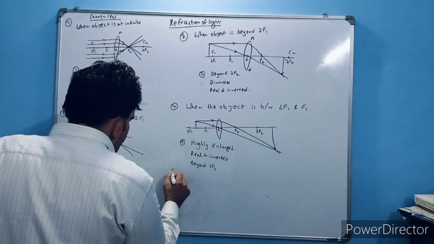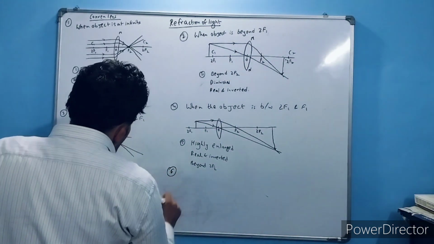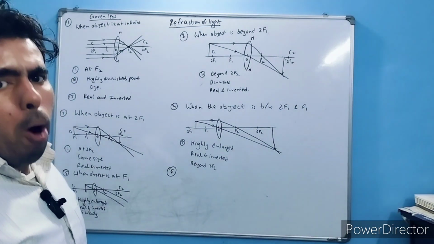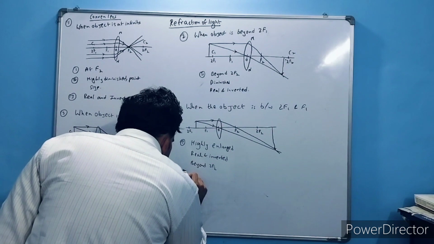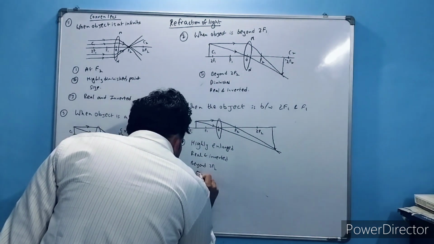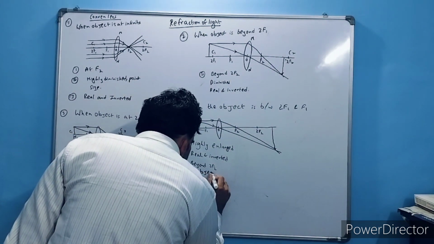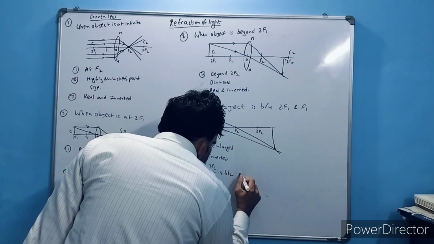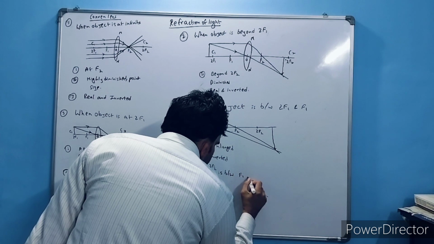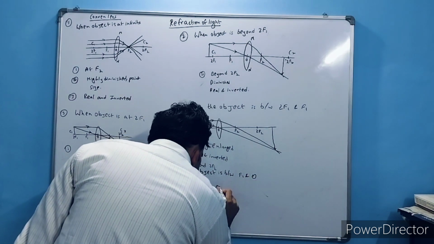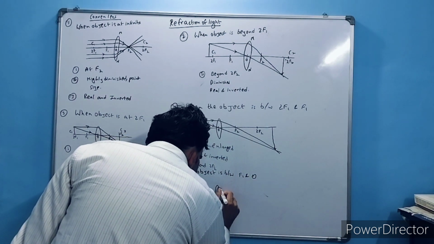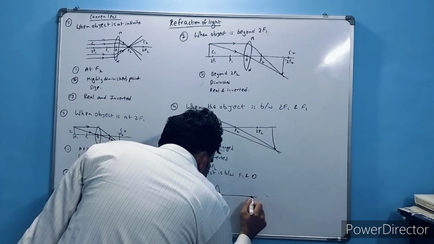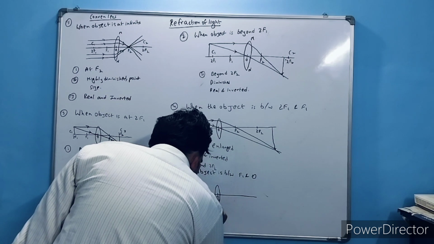Now we'll move to the next one, when the object is between F1 and the optical center.